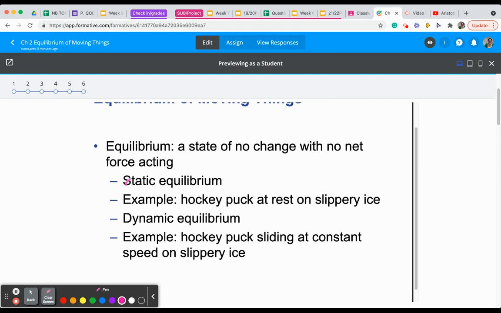We have static equilibrium and we have dynamic equilibrium. Another word for static would be still. Static is still, meaning that it's not moving and it's at rest. Dynamic equilibrium is moving equilibrium.